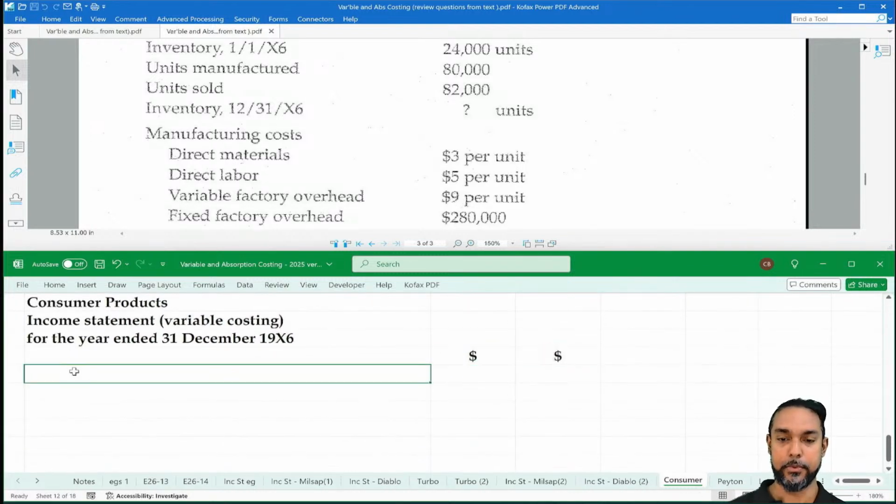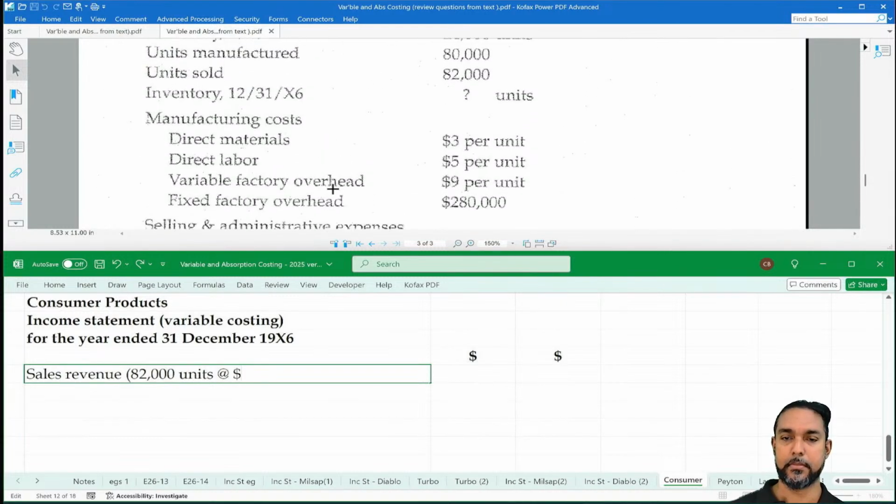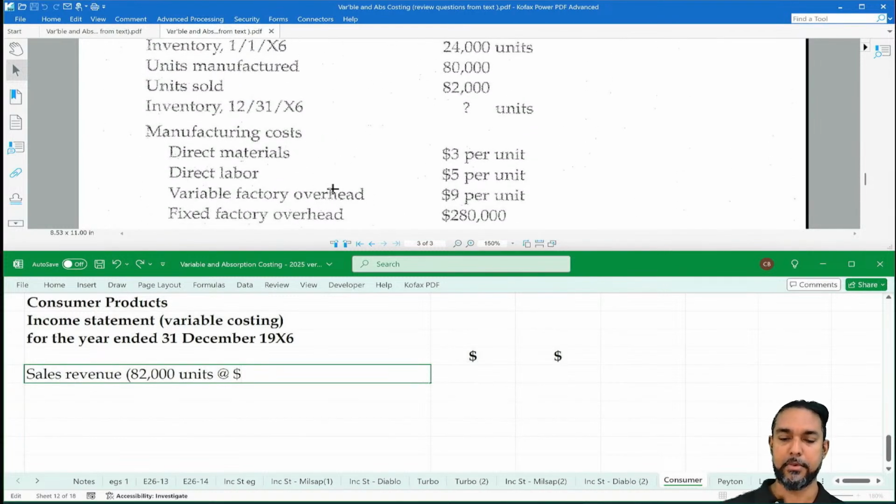Okay, so we have sales revenue, right? Will be the same 82,000 units at, it was 26, right? 26, yeah. At $26 each. Okay, so 82 at 26.